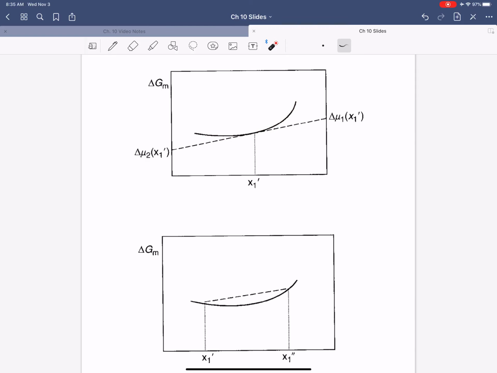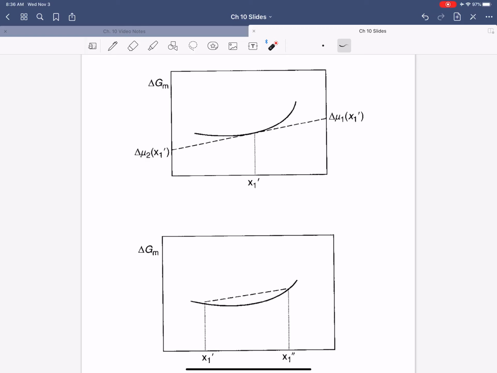If we take a look at delta G mix, and let's say we have it at some X1 value of our original mixture, what we could do, and this is the delta G mix line, is draw a tangent line that touches the delta G mix curve only at one point. The reason for that is if we draw this line, essentially what we're doing is looking at the slope of delta G mix.